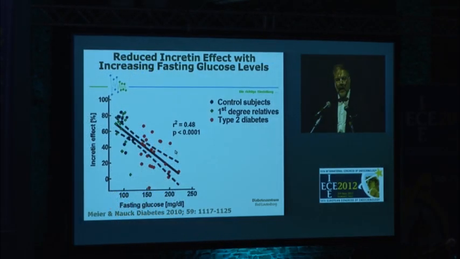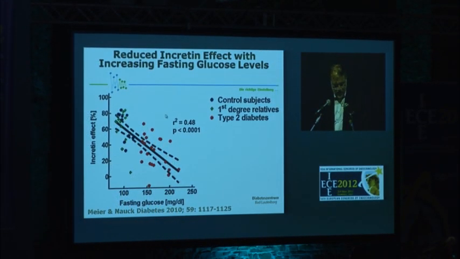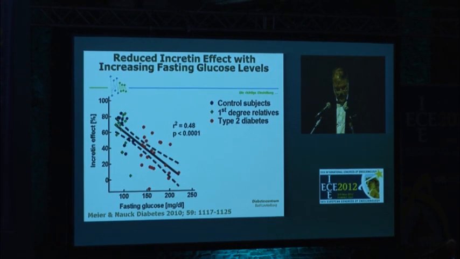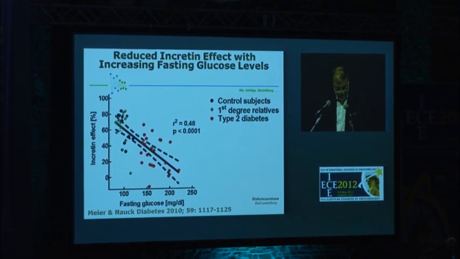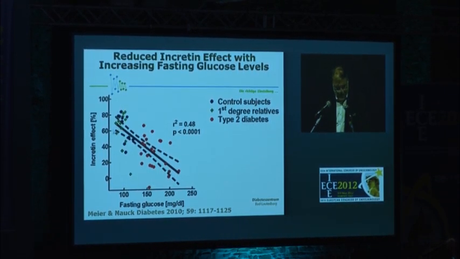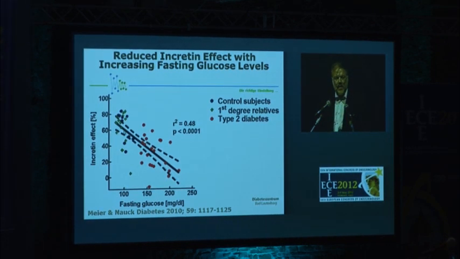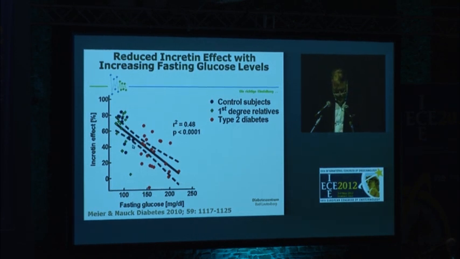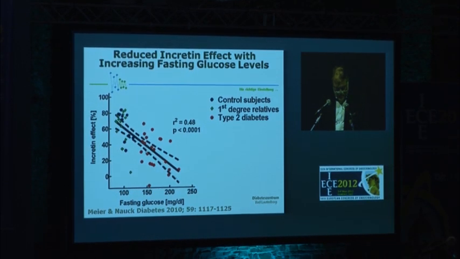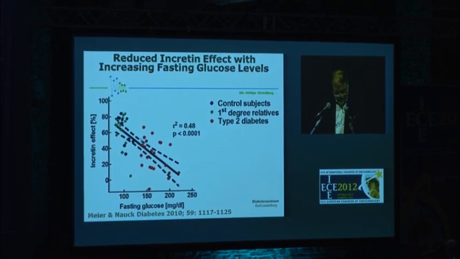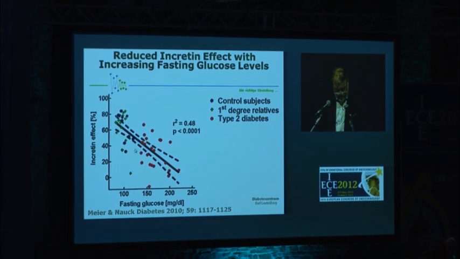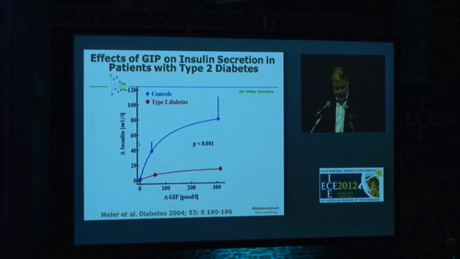You can also look at the incretin effect in those studies that have looked at that, and you see in healthy subjects with a normal fasting glucose, it contributes like 60% on average to the glucose response after oral glucose. With increasing fasting glucose concentrations, this is progressively lost. And again, it appears that this happens somewhere around the stage when we diagnose diabetes.